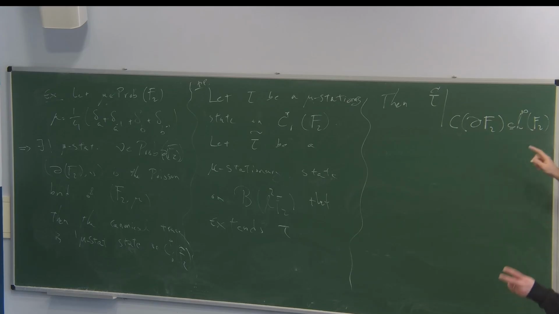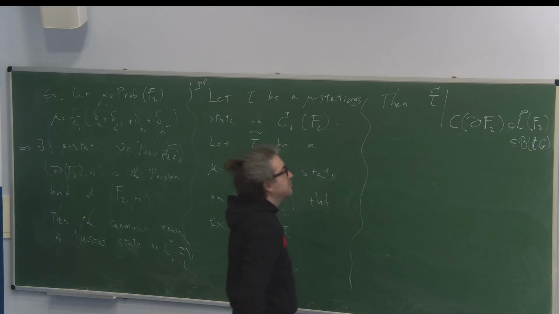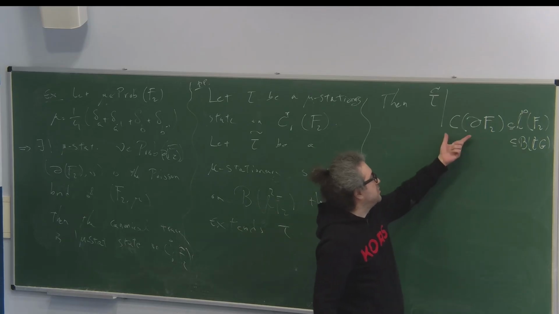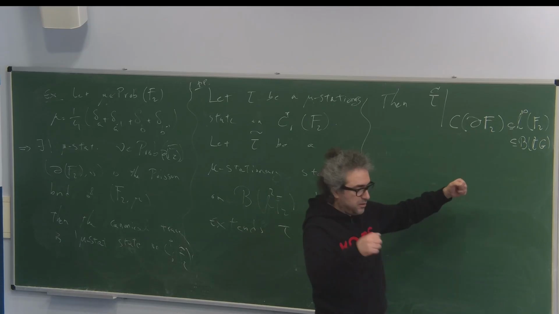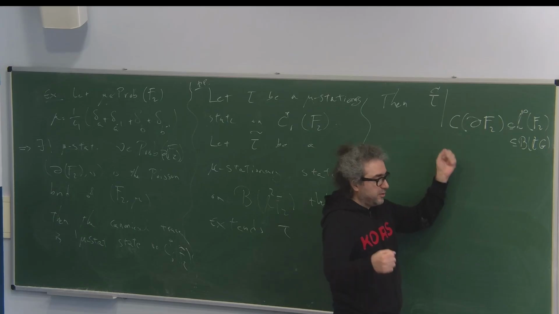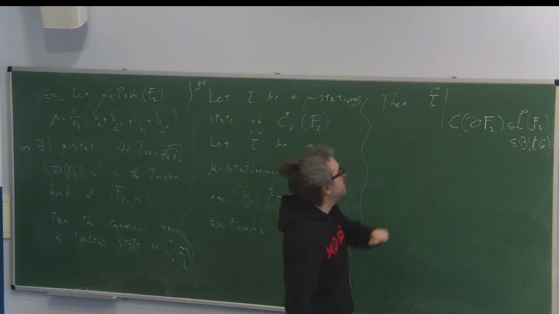So this is via the Poisson transform, if you like, and this is also identified with its image inside B(L2(G)). So I'm considering this as a sub C-star algebra of B(L2(G)), which is invariant under conjugation by the regular representation, which gives you the action of F2 on this space.